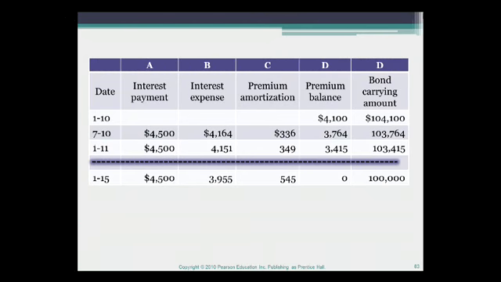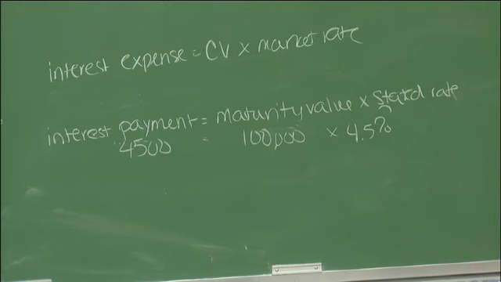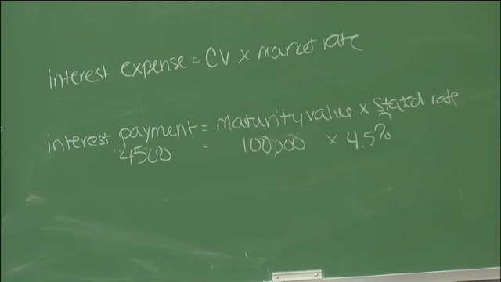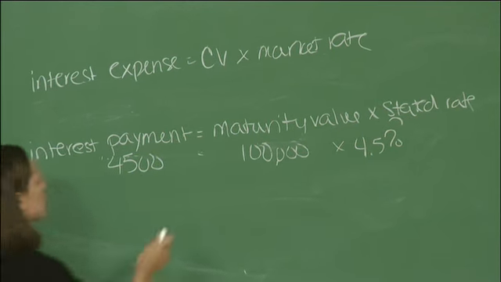Okay, so we have our amortization table. Let's go through the first and the second interest payment. So first, interest expense. What is the carrying value of this bond for the first interest payment date? $104,100.